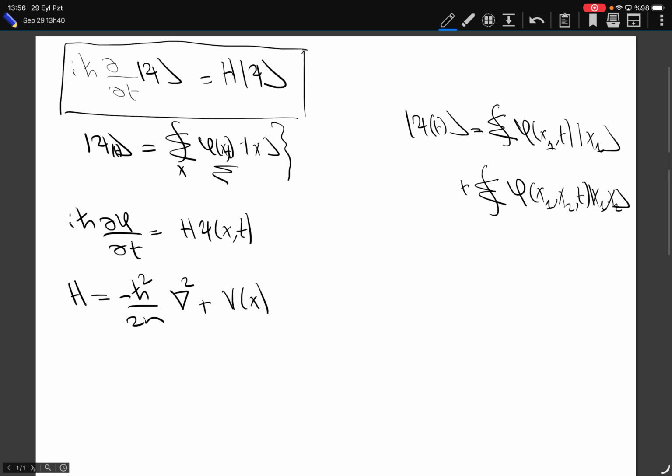Of course, in that case, I cannot really write my Hamiltonian in this form, because here this Laplacian, or let me write it as the derivative, is just a derivative with respect to one coordinate. Which coordinate? That operator doesn't make any sense on this state.